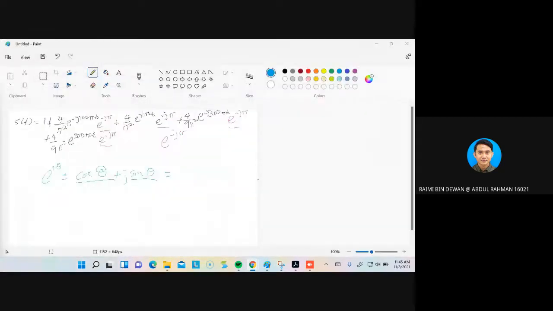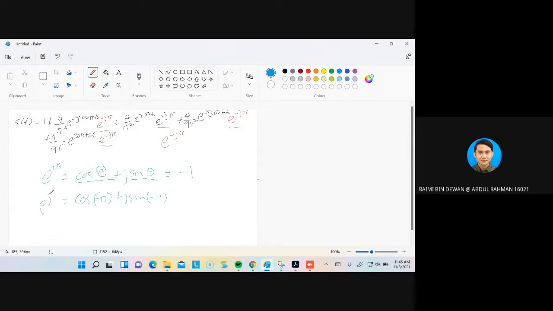That's why you learn Euler's theorem. This will help you to convert. How do you actually obtain negative one? You can try cos negative pi plus j sine negative pi.